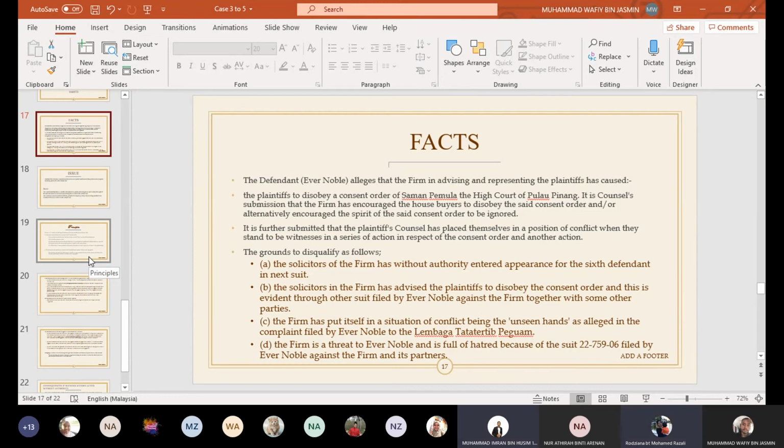So Ever Nobel actually filed a complaint to the Lembaga Tata Tertib Peguam ya? Indeed, they did file a complaint. And what happened? About the complaint, or the acting without authority. Did it proceed to Tata Tertib or not?